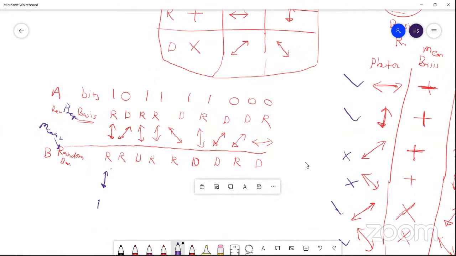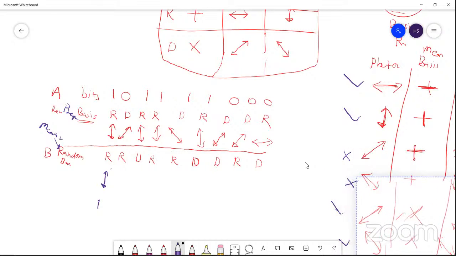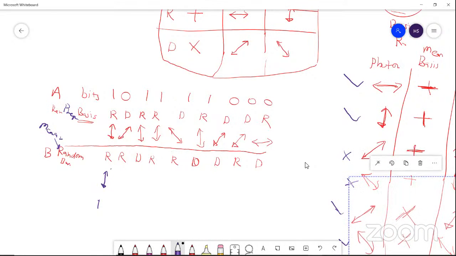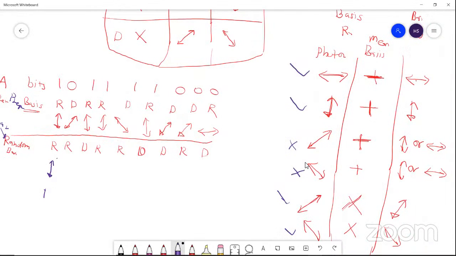Now this was prepared in D and measured in R. So what will happen? This was prepared in the diagonal basis, and you are measuring in the plus basis.